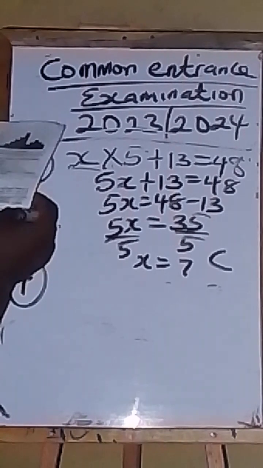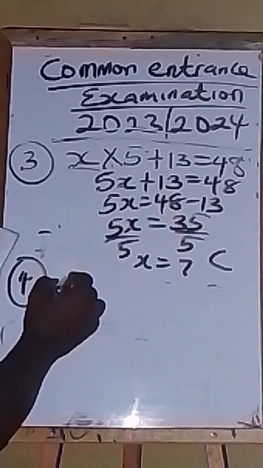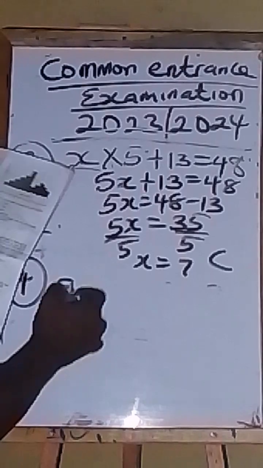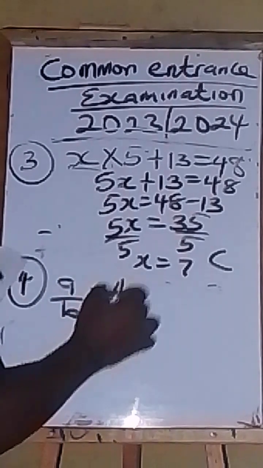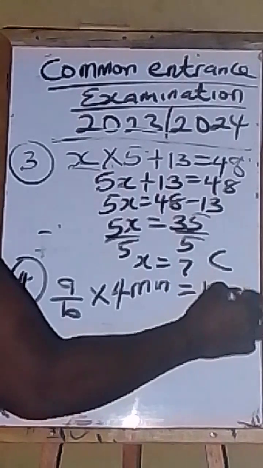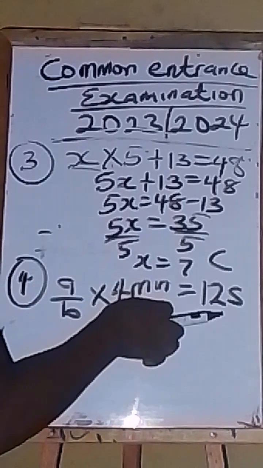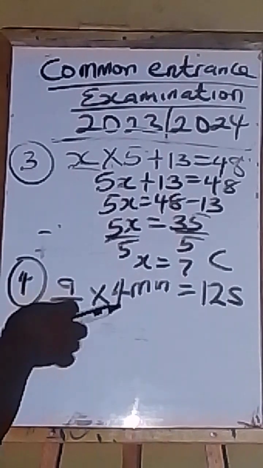What fraction of 4 minutes is 12 seconds? The fraction is maybe A over B. So it's either you change this to minutes or you change this to seconds.